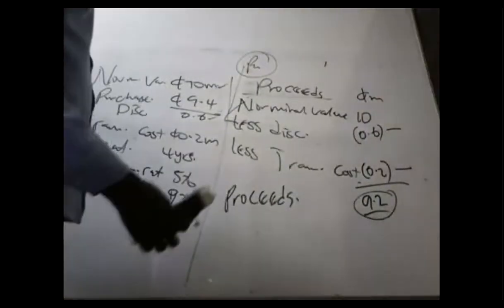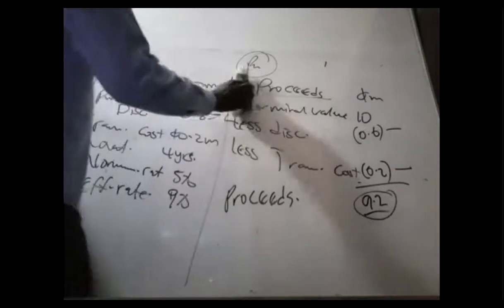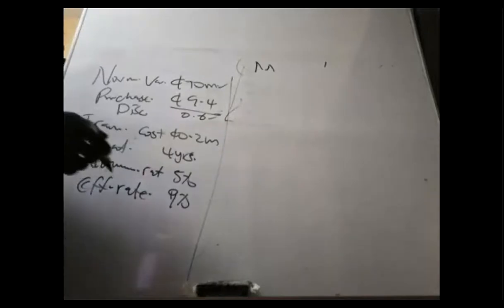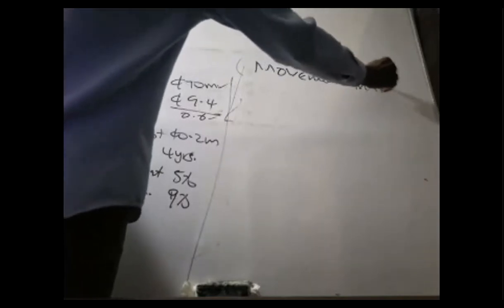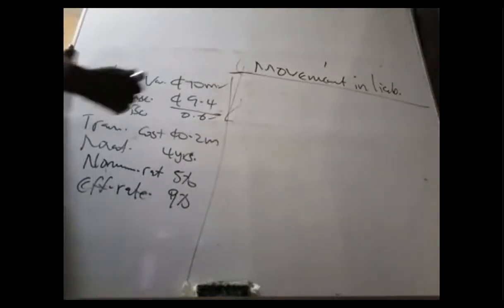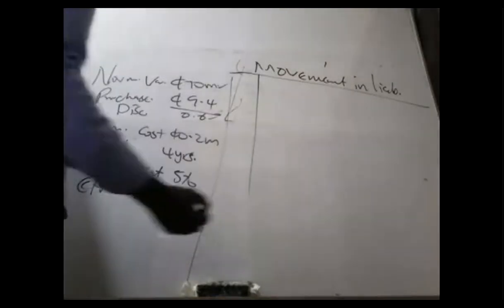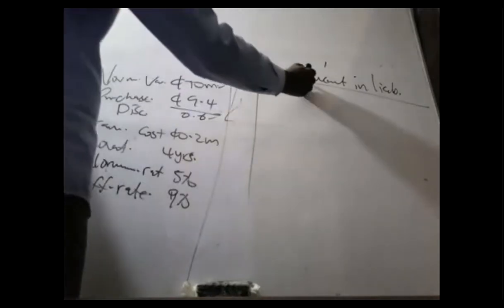Now, we have what you call the movement in liability. So let's perform the workings. Movement in liability. We have only 4 columns.